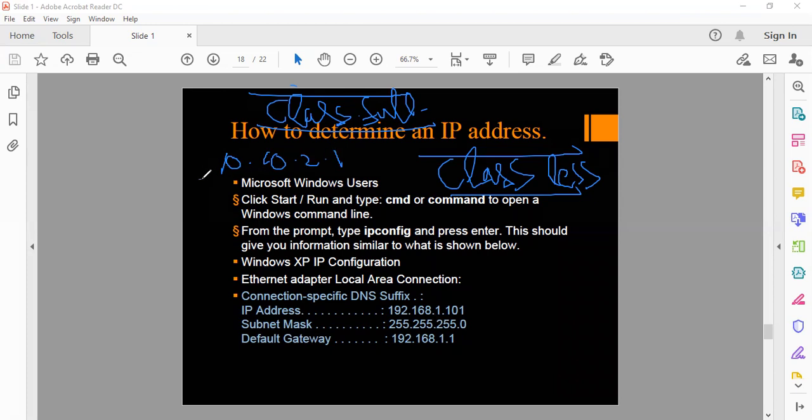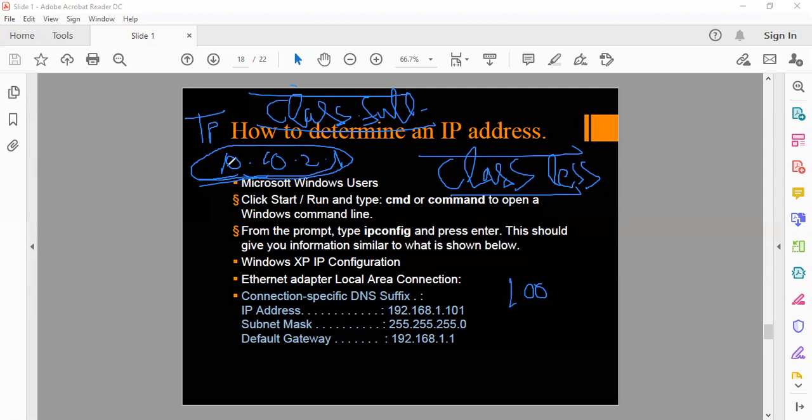If you use this type of IP addressing in classful addressing, this network will be used only for a specific organization. Suppose you use this class and there are only 100 systems.